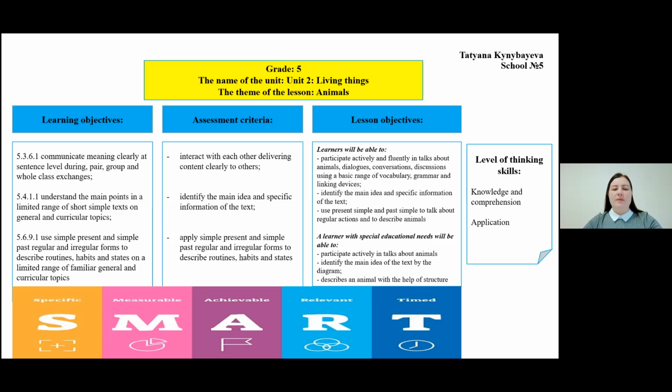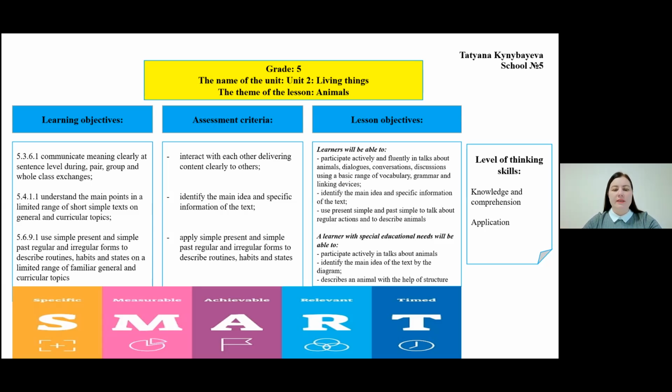In accordance with the above learning objectives, I have defined the following lesson objectives in accordance with SMART requirements. Learners will be able to participate actively and fluently in talks about animals, dialogues, conversations, discussions, using a basic range of vocabulary, grammar, and linking devices for the 6th learning objective, speaking strength.